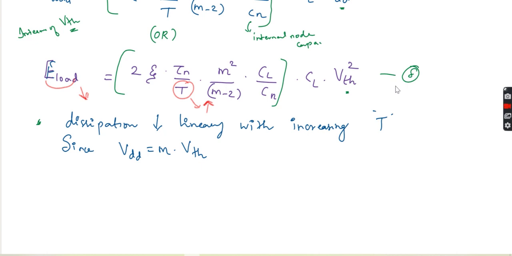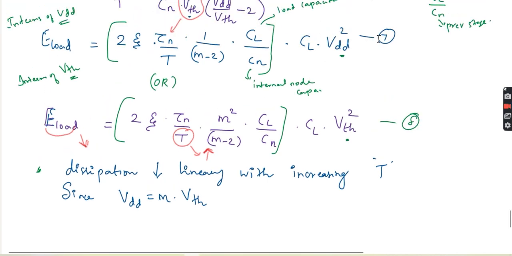At that time only the voltage swing will increase. So I can say here this is for your VTH swing. This VDD is nothing but m times of your VTH actually.